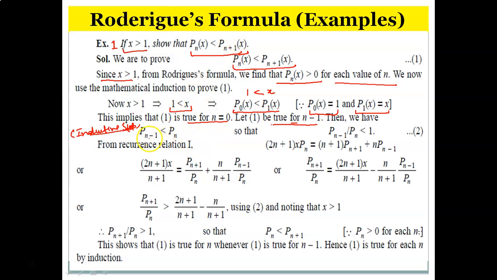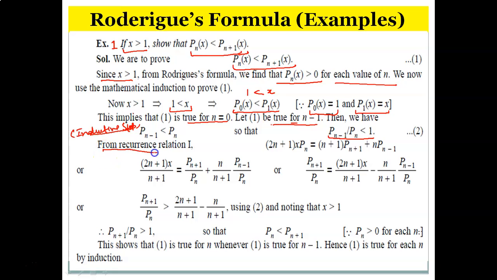You are assuming that this fact holds. That means P(n-1) divided by P(n) is less than 1. I call this equation number 2. You want to establish this relation by utilizing this fact in equation number 2.